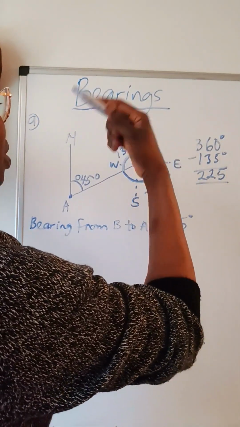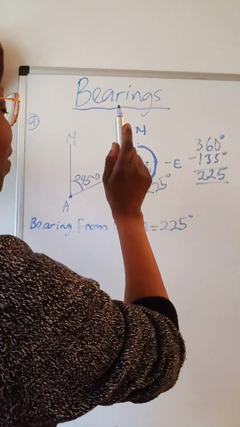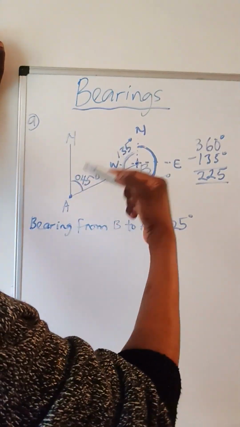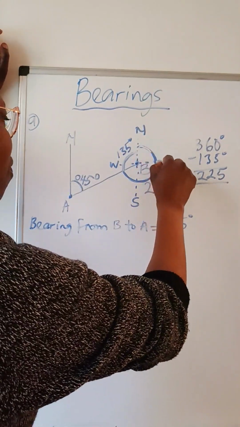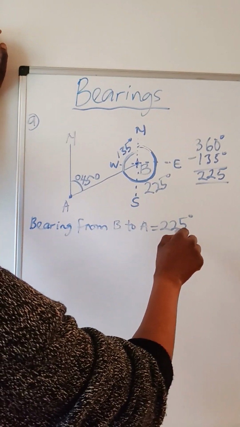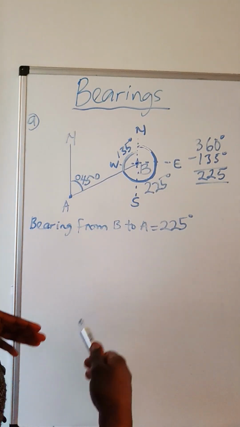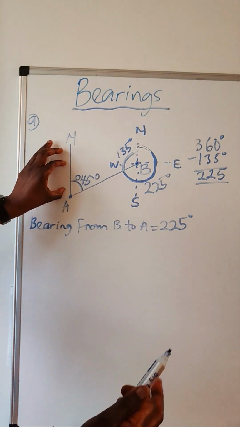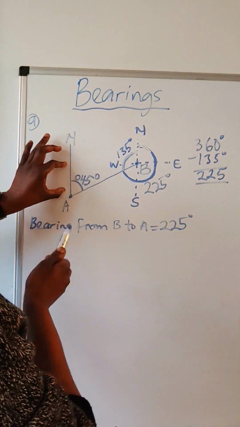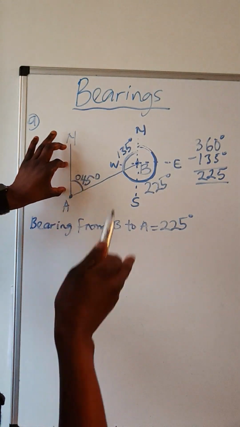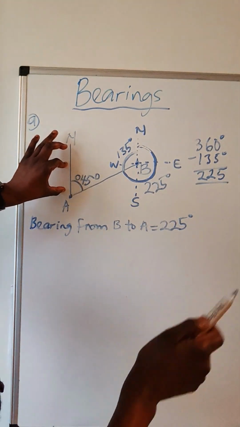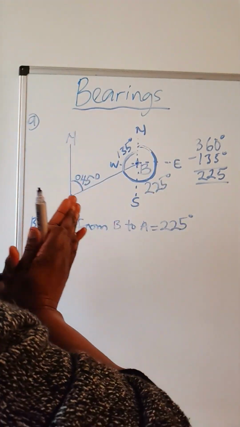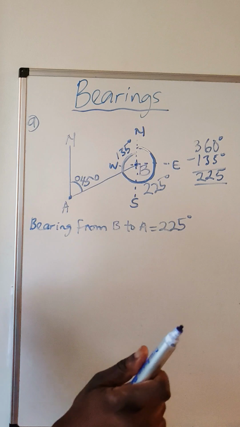Since the full turn is 360 degrees, take away 135 from 360 degrees, and we are left with the bearing from B to A, which is 225 degrees. Another way of calculating it is, since we have the bearing from A to B to be 45 degrees, the reverse bearing, which is the bearing from B to A, will be 180 degrees plus 45 degrees, which gives 225 degrees. Simple. I think that's good.